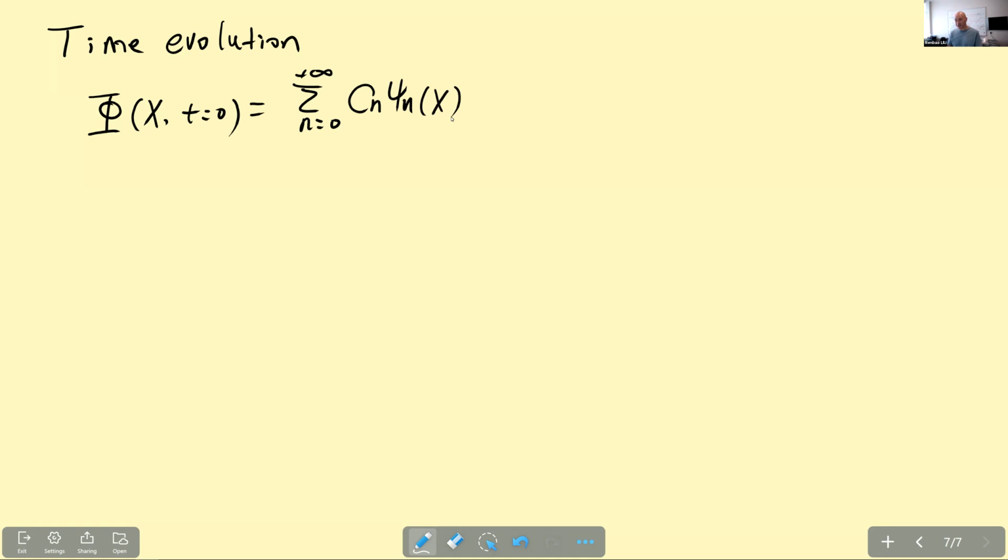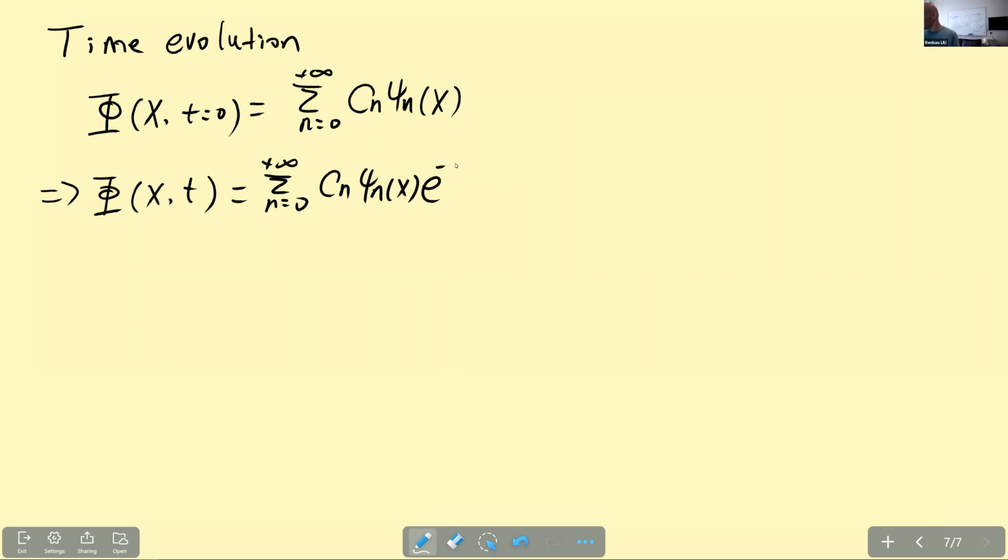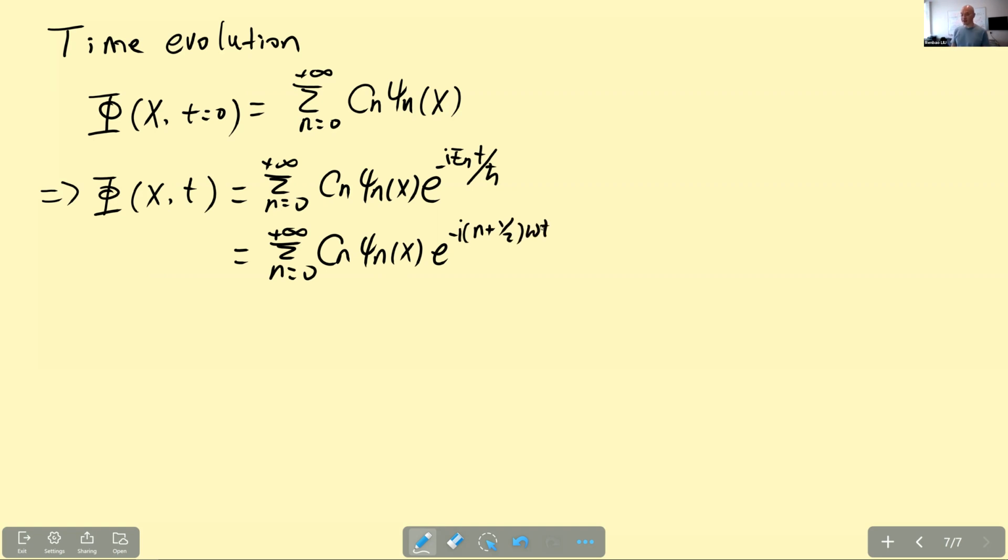And according to quantum mechanics, this one will evolve with a time-dependent phase factor attached to each eigenstate, right? So this will be minus i (m plus half) omega t, where the energy is E_m times t over h bar. Okay, so this is the evolution.